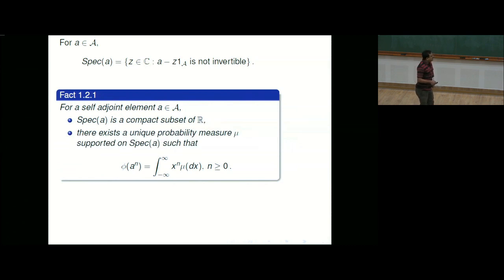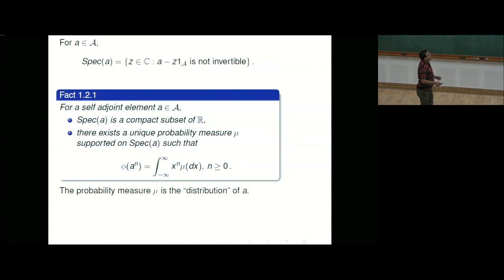In other words, if you think of phi as an expectation and A as a random variable, then for this to be true, mu would have been the distribution of that random variable. Hence it makes perfect sense to call mu the distribution of A in this particular case also.